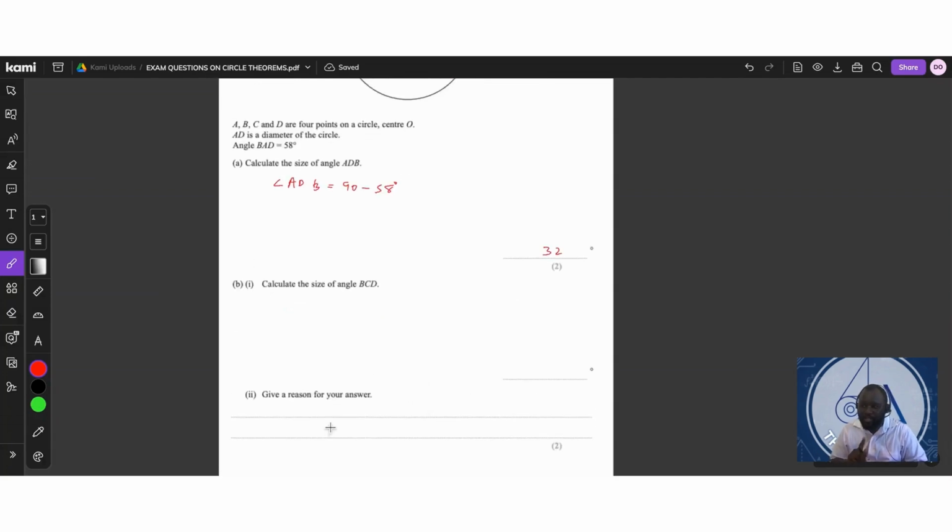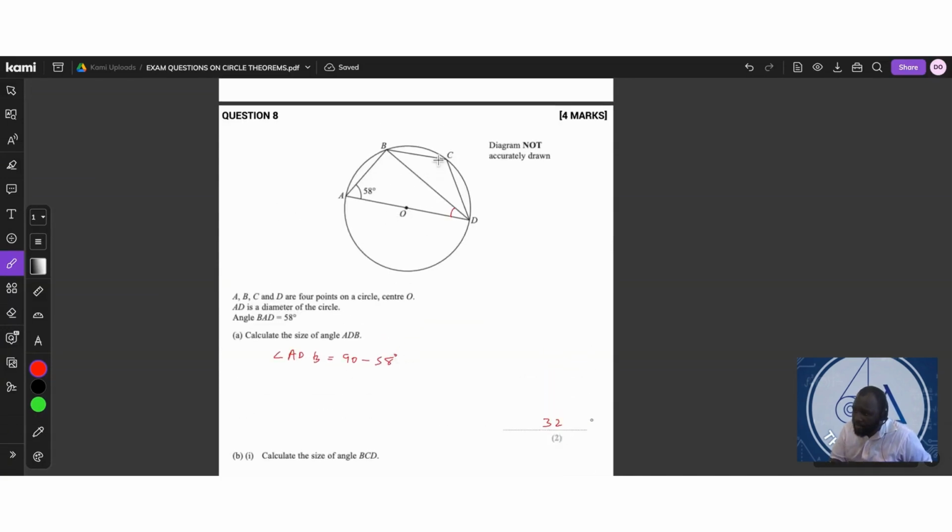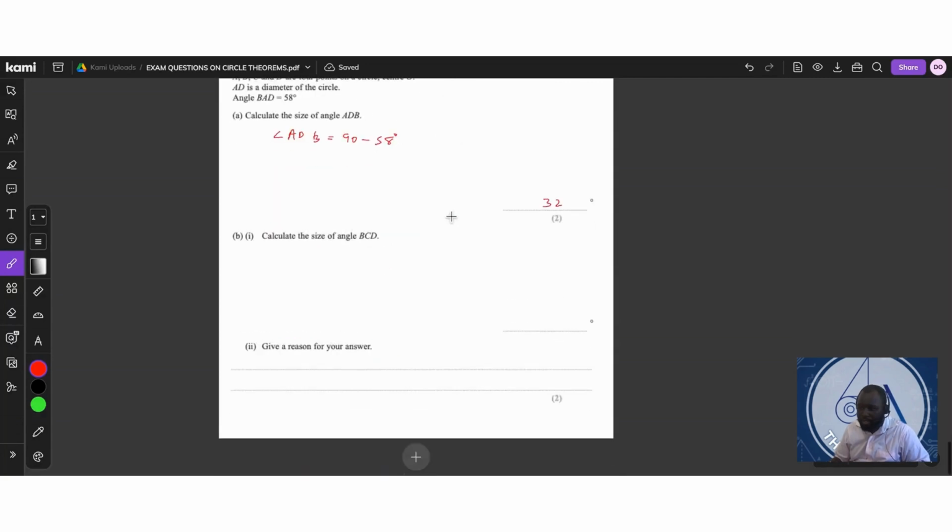See, the second part now asks for a reason. Calculate the size of angle BCD, this angle here. Now, you notice that this angle is opposite BAD. They are opposite each other, and we remember the rule for that. So our calculation will be that angle BCD is equal to 180 minus 58 degrees. So 180 minus 58 degrees is 122. And what do we say to that?